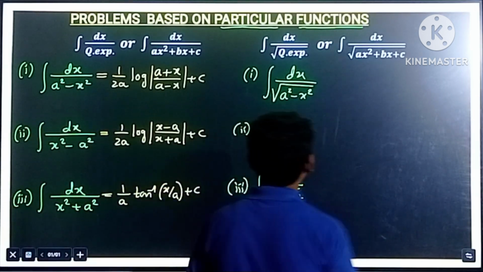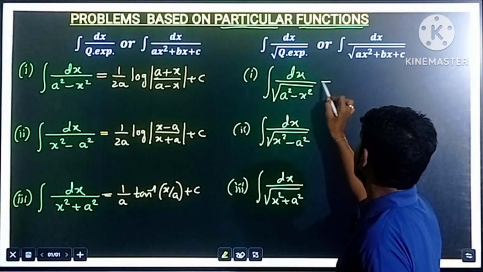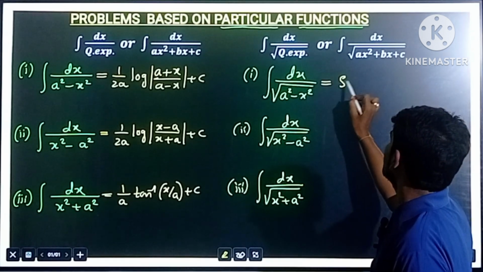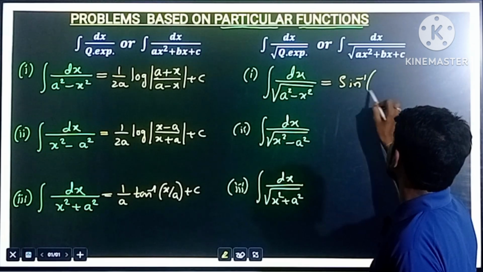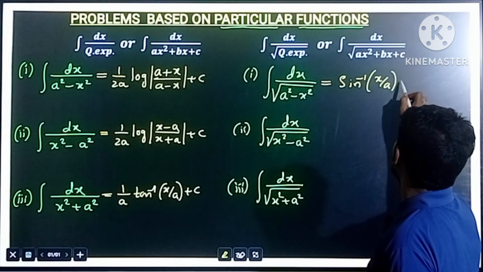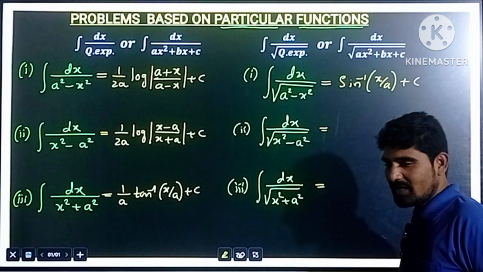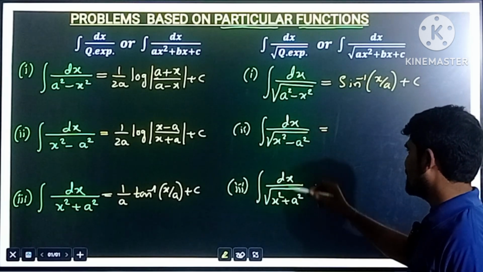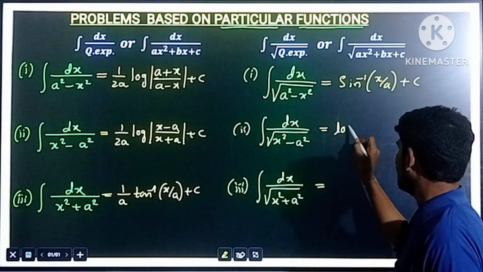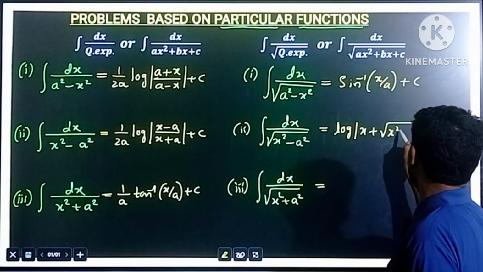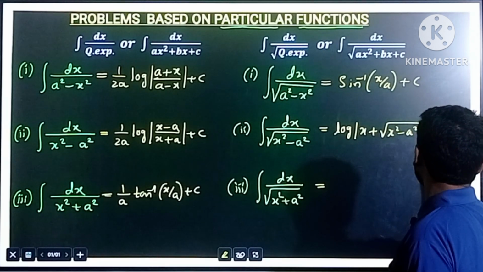For the second form, the first formula is integration of dx divided by square root of a square minus x square is sin inverse of x by a plus c. The second and third are similar. The integration of dx divided by root of x square minus a square is log of x plus square root of x square minus a square plus c.